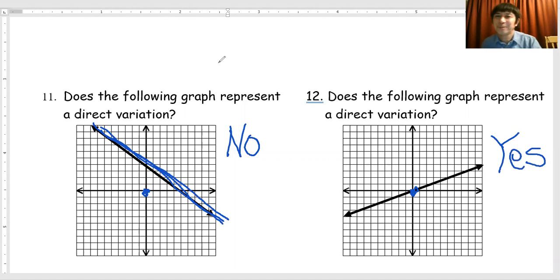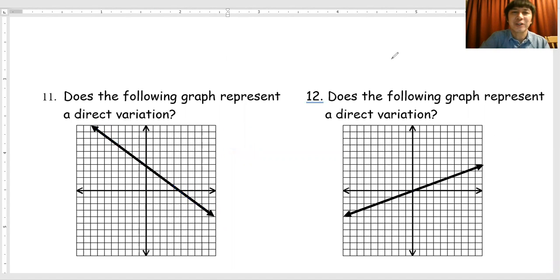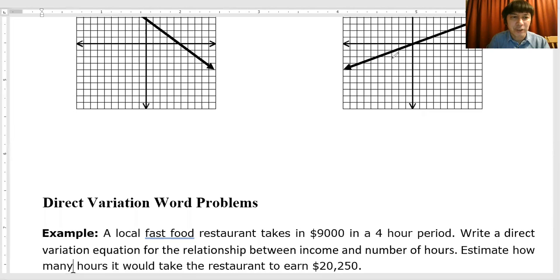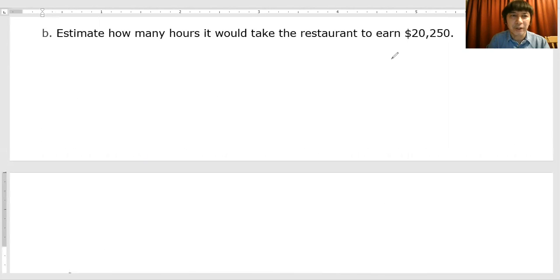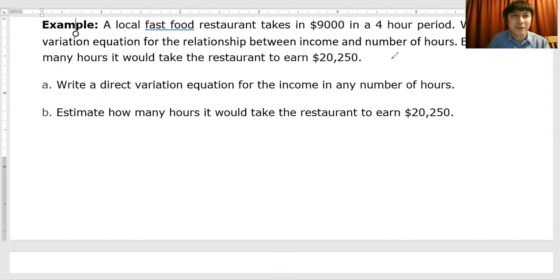So number 12 is direct variation, number 11, no. That's it for numbers 11 and 12. We're going to continue with the next number, number 13.